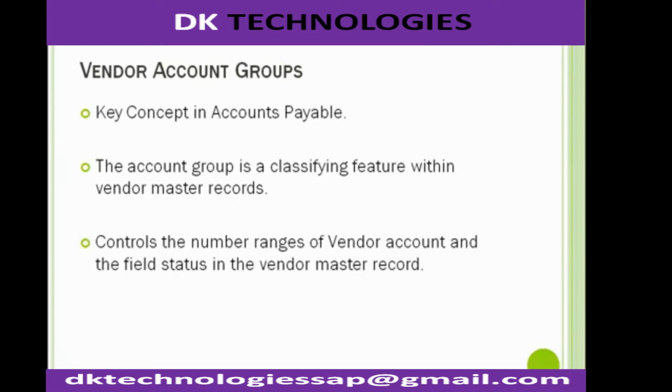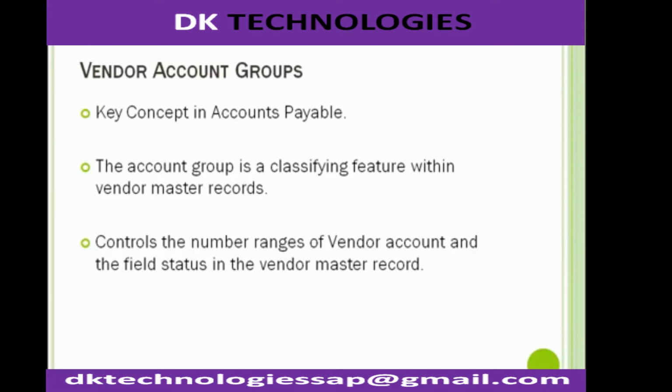Vendor account groups. Vendor account groups is the key concept in accounts payable. The account group is a classifying feature within the vendor master records. It controls the number ranges of vendor accounts and the vendor status in the vendor master records. Vendor groups allow you to have separate purposes and field status for different types of vendors.